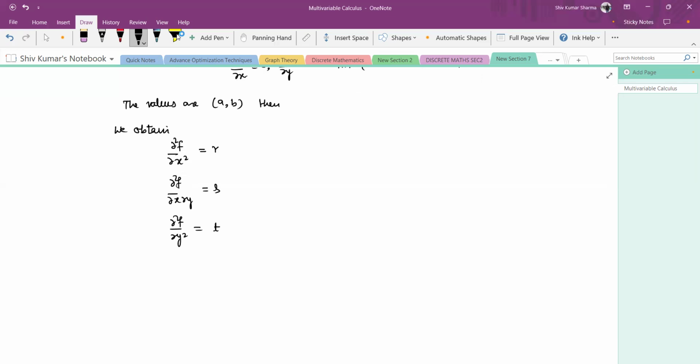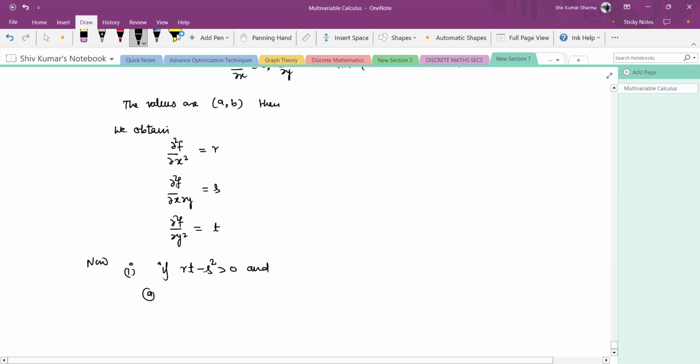Now we follow some conditions. The first condition is that if the value of rt minus s square is greater than 0, so rt minus s square gives us a positive value, and r is less than 0, then the function f(x,y) has the maximum value.